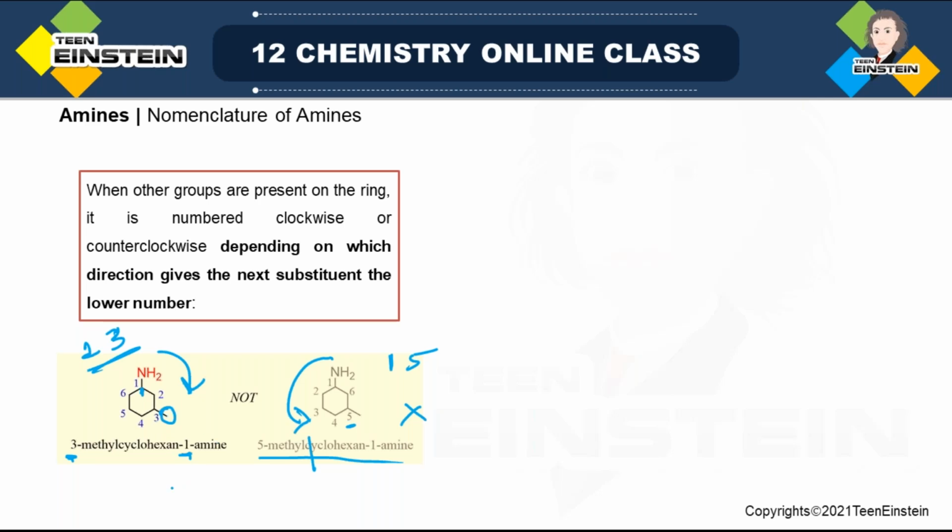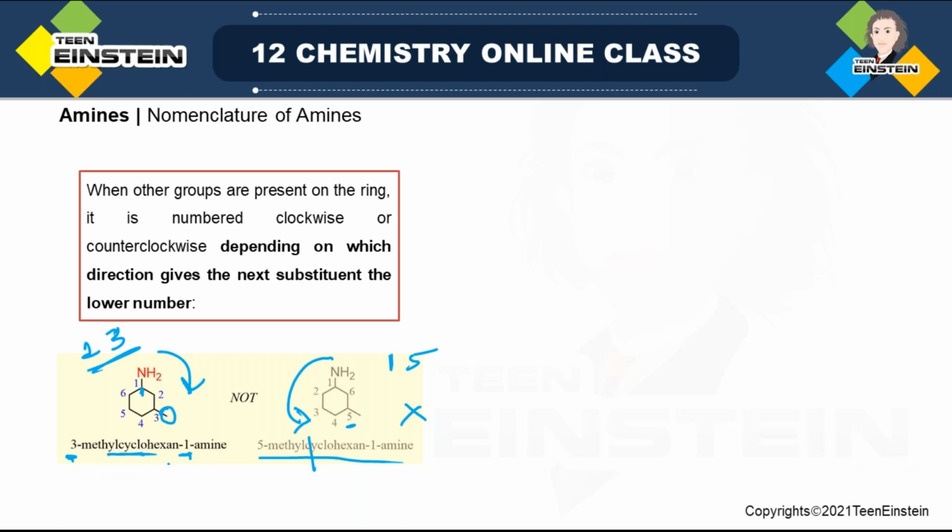Fine. Suppose you do not have this structure, just after writing the name, if you are having some doubt, you can do the reverse process. Suppose you do not have the structure in front of you, you simply have this name. Just try to write the structure and check whether you can do it or not. So from the name 3-methyl cyclohexane 1-amine, or simply 3-methyl cyclohexanamine, you can easily draw the structure.